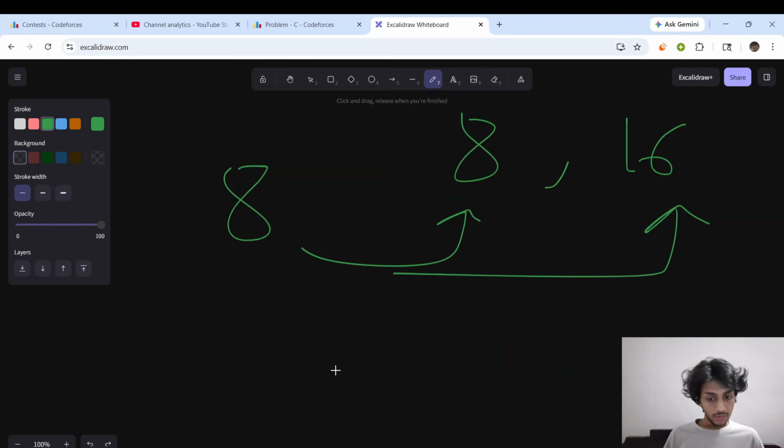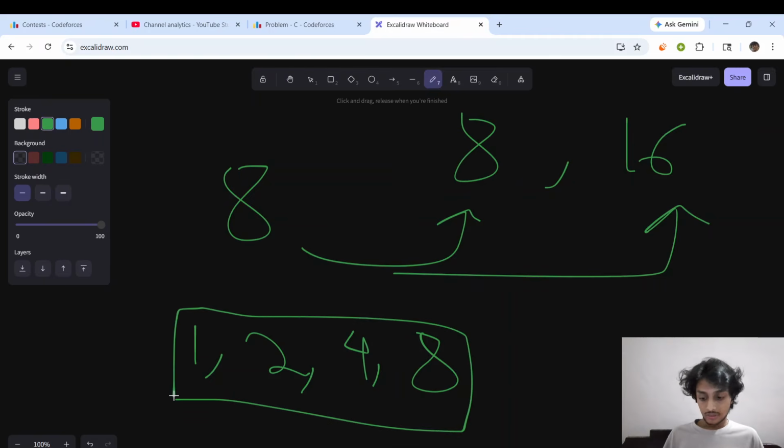So what are the factors of 8? These are 1, 2, 4, 8, right? So what is the count? The count is 4, which means the answer is 4 for this question. Why?